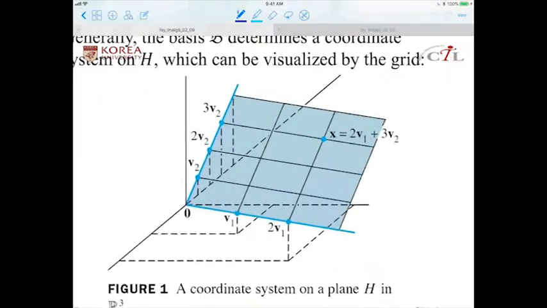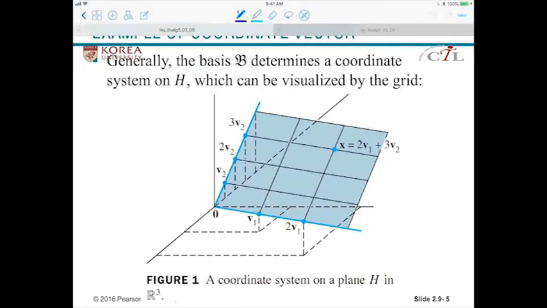In this case, we can think of this plane, and our basis vectors are these two vectors. And suppose we are given one point over here. It is like -2, -1, 0 in the previous example. And this one is 1, 2, 3, and this one is 4, 5, 6.